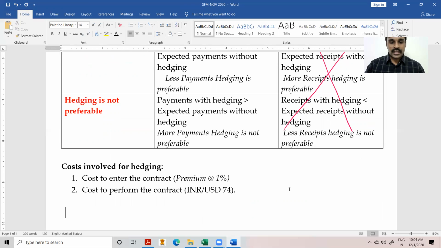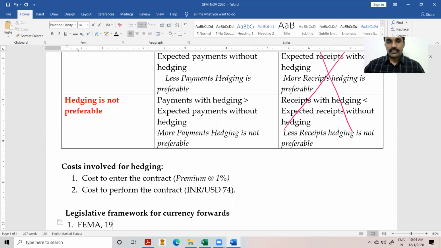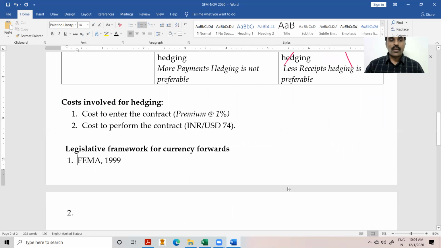Next, the reason for the premium: the legislative framework for currency forwards. The first point is that the Foreign Exchange Management Act 1999 is applicable.